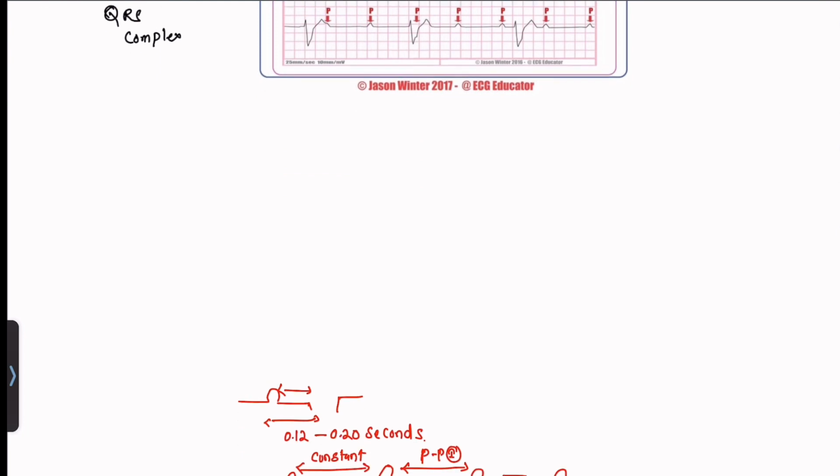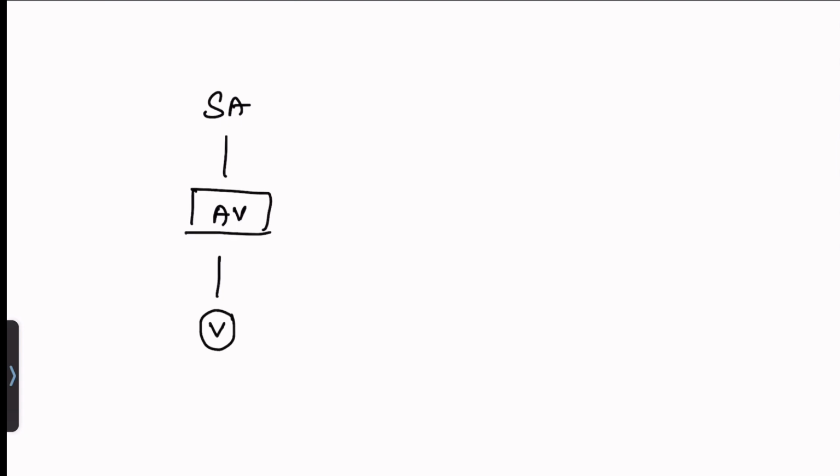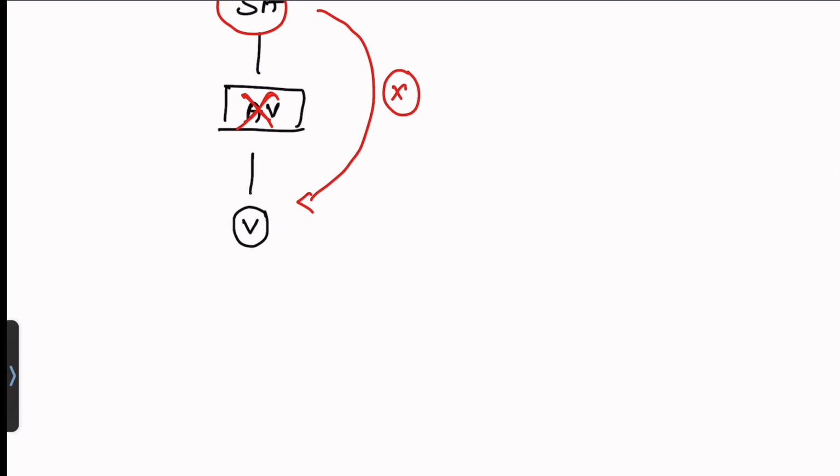Before talking about the third degree heart block, let's see some basic things. This is the SA node, this is the AV node, this is the ventricle. When the AV node is completely blocked, the impulses do not travel to the ventricle. Then the ventricle will contract on its own.